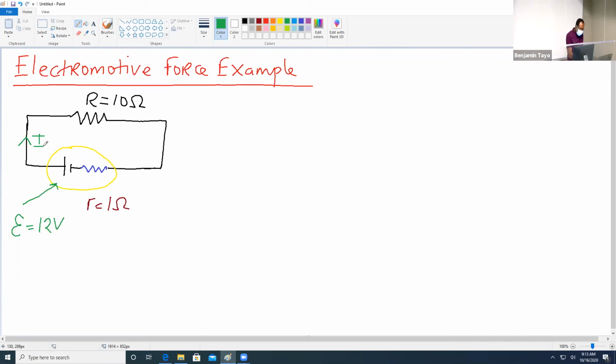Now, if I want to calculate the current, I need to calculate R total. When I calculate R total, I'm going to add the external resistance to the internal resistance, which in this case is 10 plus 1, which is 11 ohms. And I know that R total is equal to my voltage, which in this case is 12, over current.